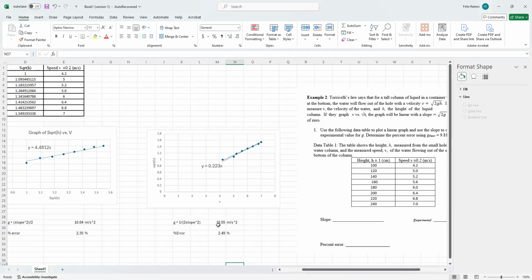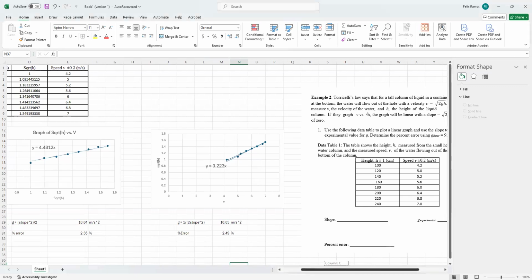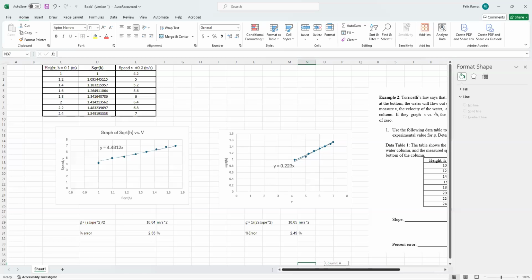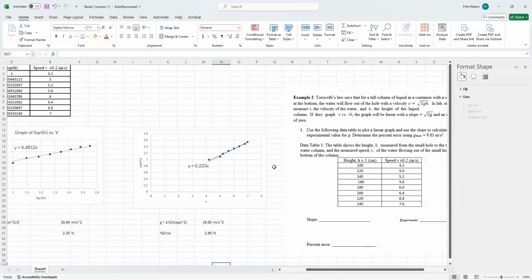You know, the magnitude of the acceleration of gravity, the difference is just in the second digit after the decimal point. So basically, my dear students, this is what you were required to do in this lab. And this is what the linearization is: just to get a data set that doesn't necessarily have a linear relation between the variables, right?